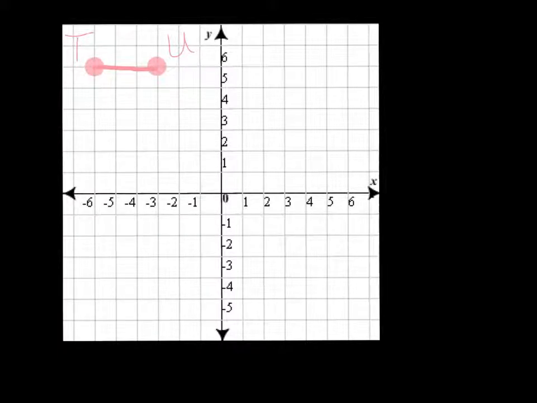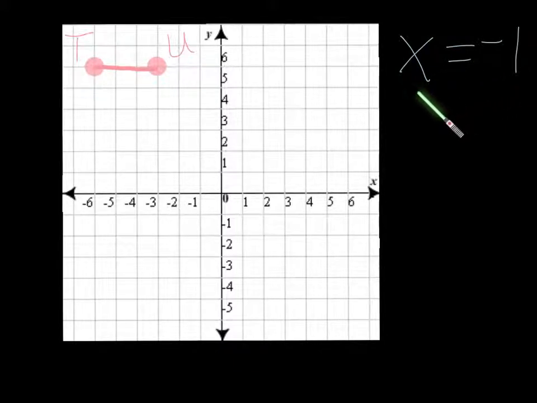Okay, now I'm going to reflect the line TU, and this time I'm going to reflect it across the line x equals -1. So this time I'm not going to reflect across the y-axis or the x-axis. I'm going to reflect across x equals -1.